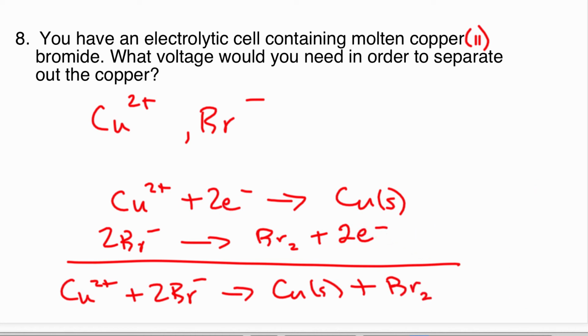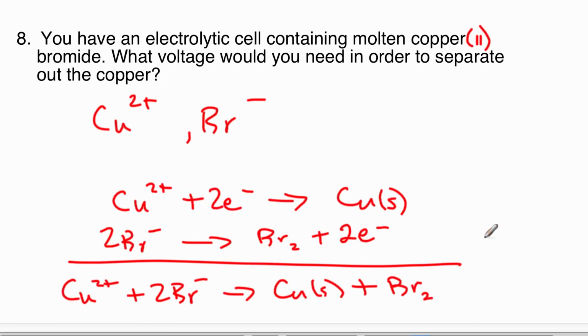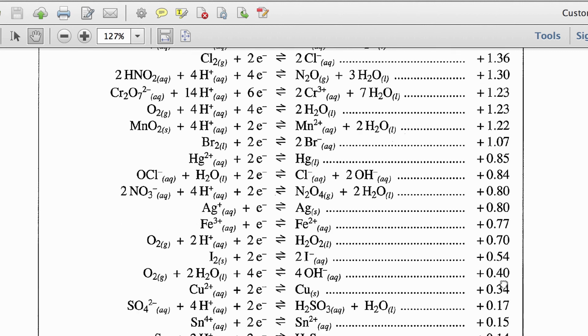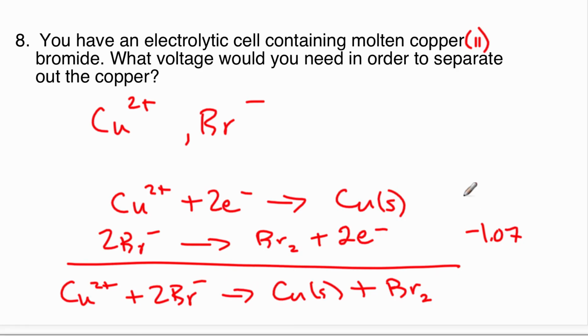So now to do voltage, the bromine one right here, but I have to write it backwards, is negative 1.07. Okay, and the copper one is right there, positive 0.34. Positive 0.34.